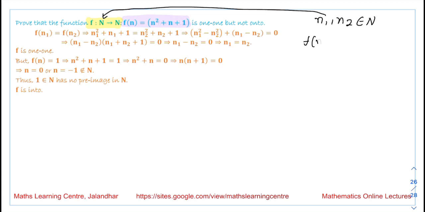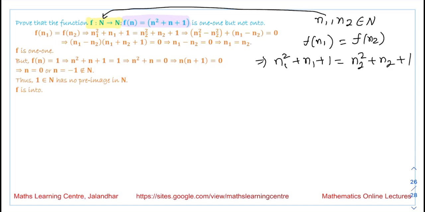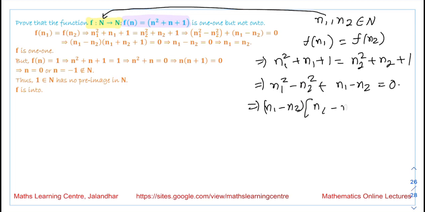Then we say f(n1) is equal to f(n2). This implies n1 square plus n1 plus 1 is equal to n2 square plus n2 plus 1. This implies n1 square minus n2 square plus n1 minus n2 is equal to 0. So this gives us (n1 minus n2) into (n1 plus n2 plus 1) equal to 0.